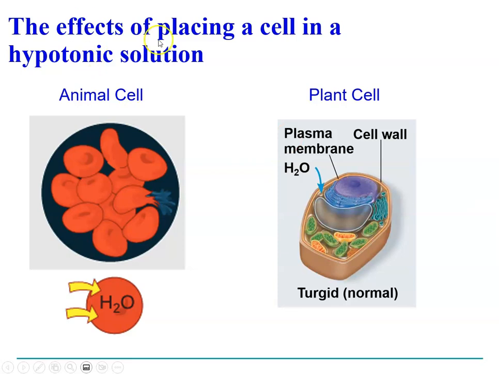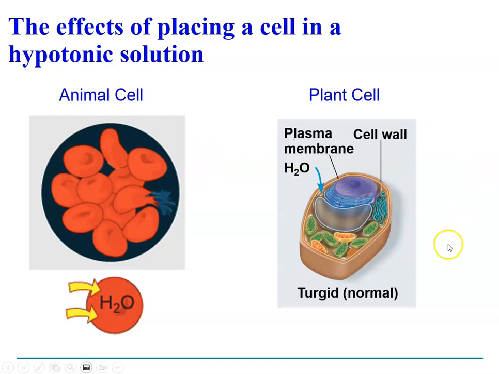So that's this one here. On the left, we see the animal cell taking in water from the hypotonic solution around it. Ultimately, if there's too much water, it can cause the animal cell to burst, like shown here. And that for sure will kill the cell, and it could kill the organism that it's in.